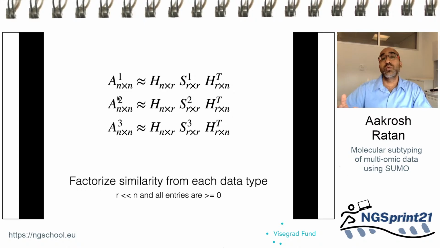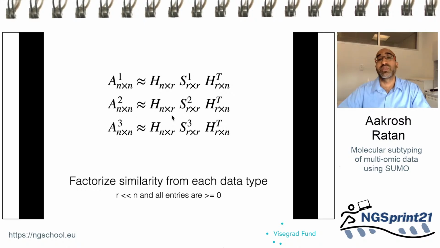And hence we can use what's called non-negative matrix factorization, where the idea is to decompose each one of these matrices into H, S, H transpose. S is assay specific, so A1 will decompose into H S1 H transpose, whereas A2 will decompose into H S2 H transpose.